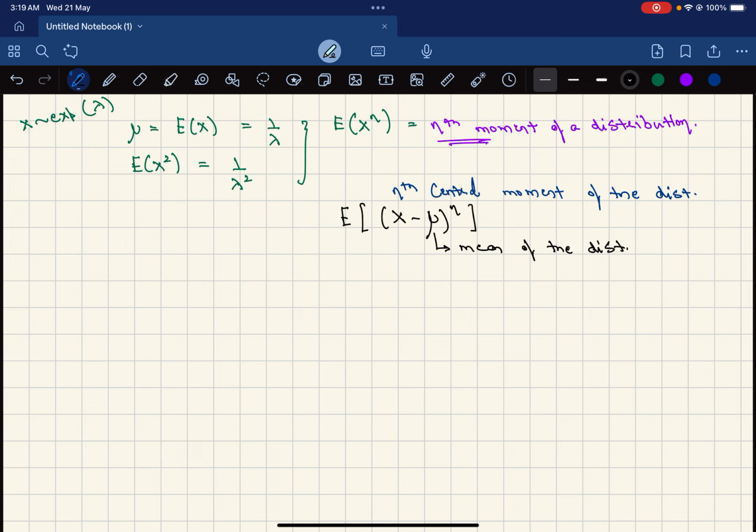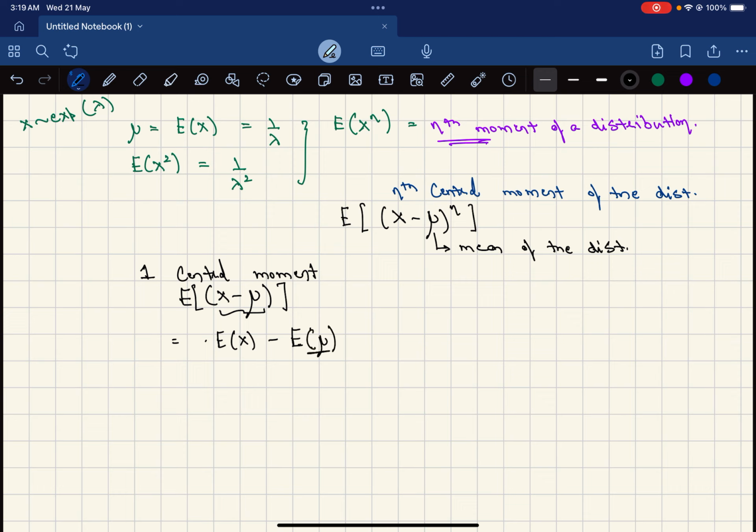So for example, if we have to calculate the first central moment, that would be E[X minus mu]. Since this is a linear combination, we can separate the expected value terms to get E[X] minus E[mu].